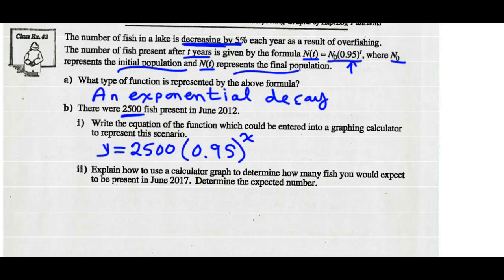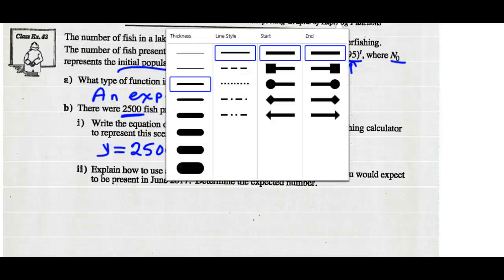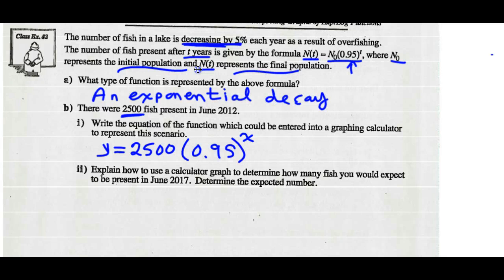Part 2, explain how to use a graphing calculator to determine how many fish you would expect to be present in June 2017. So to figure that out, we're going to let y1 equal this function, 2,500 times 0.95 to the exponent x. Put that into our graphing calculator.